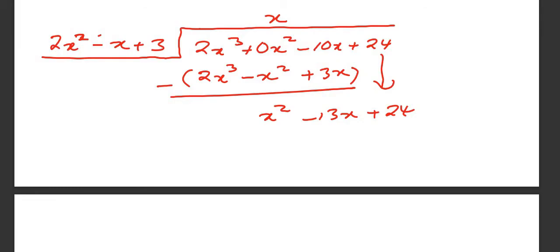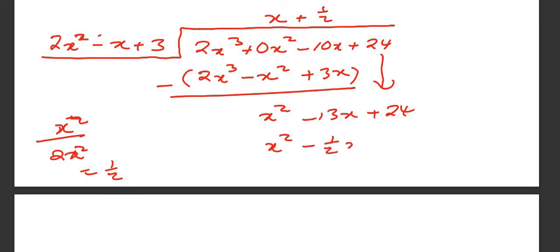Then here, still divide. These guys are of the same degree, so they can still divide. We're dividing x squared by 2x squared. This is just going to give us half. So what remains there is just 1 over 2. Then you multiply this by that. That's going to be x squared. This is going to be half x.